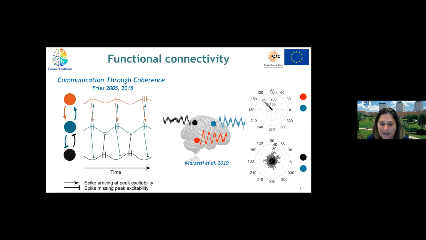What they look at is the consistency across time or trials, depending on the situation, of the phase difference between two regions. Like in this rightmost part of the slide, you can see the red and blue situation depicted in terms of phase difference, and this rose histogram depicts the phase difference across trials, which you can see is somehow clustered along one main direction.